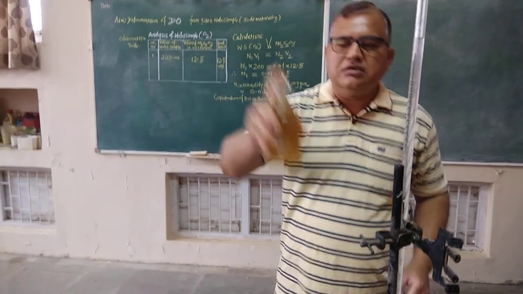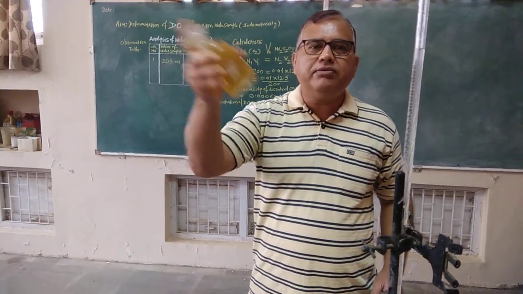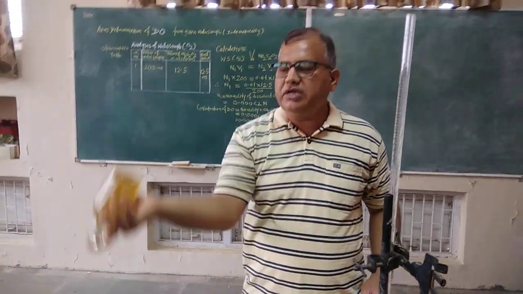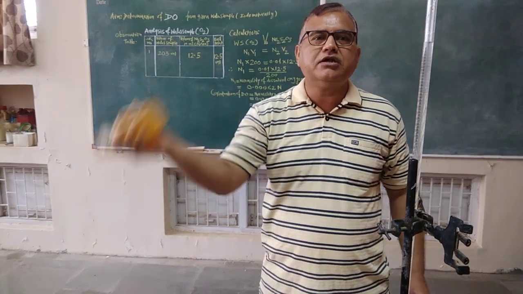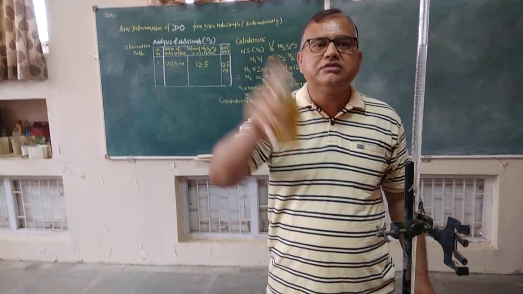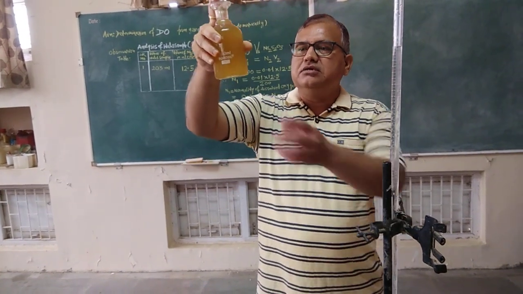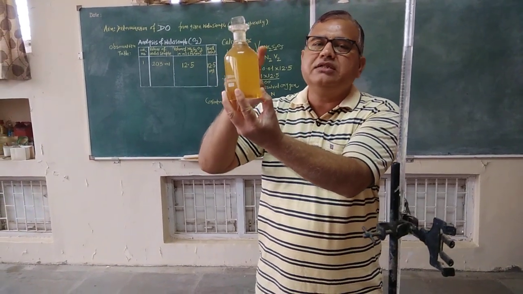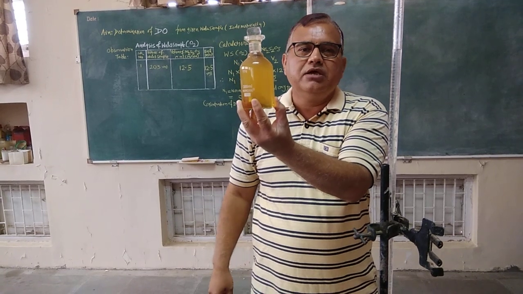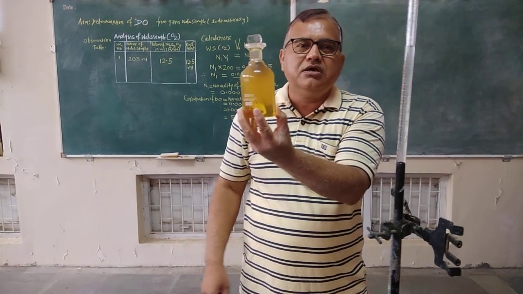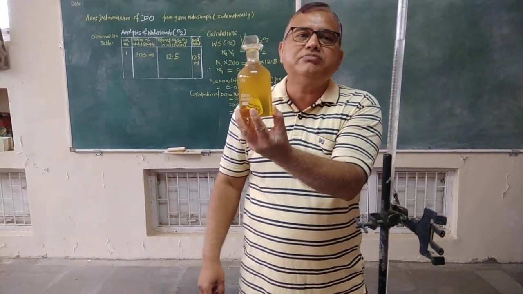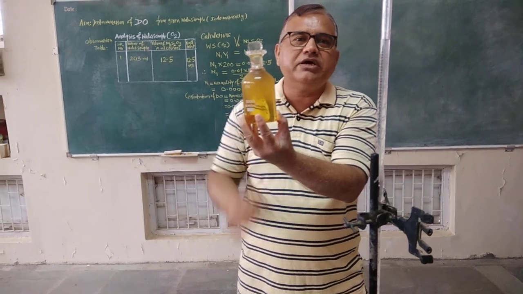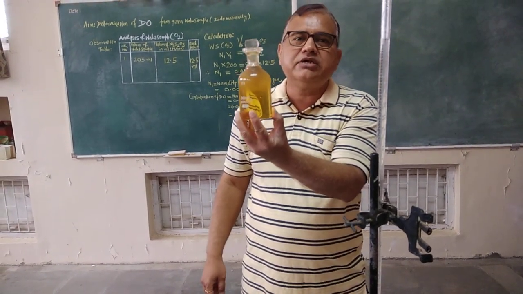Now in this bottle an equivalent amount of iodine will be generated. See the color of this solution: there is a generation of iodine, and the color of this iodine is yellow. In the previous experiment we calculated free chlorine present in the water sample in a similar way, using iodometric titration.